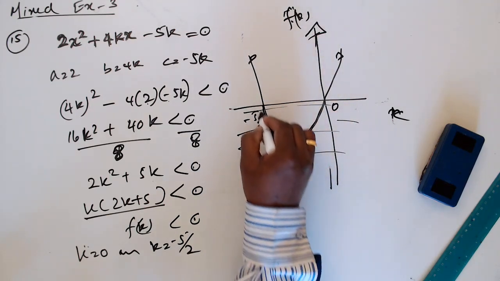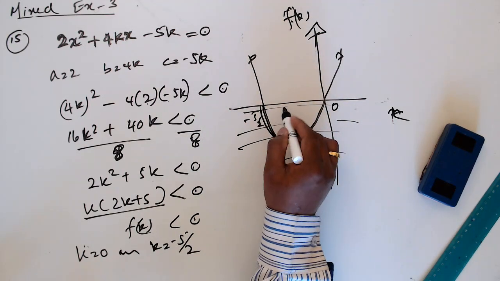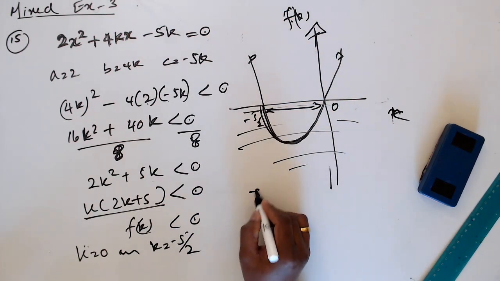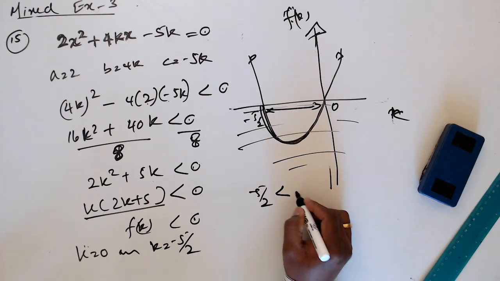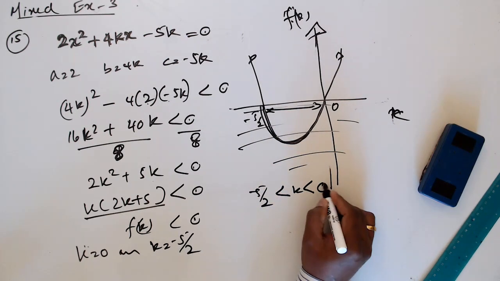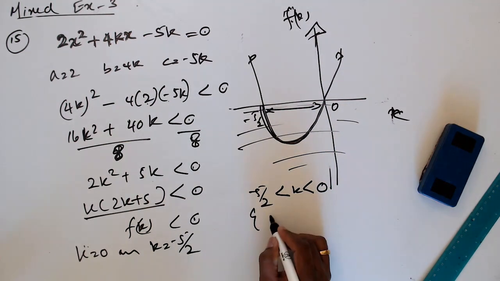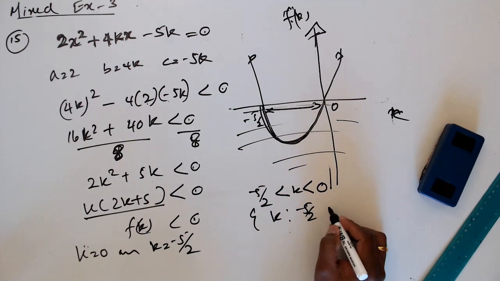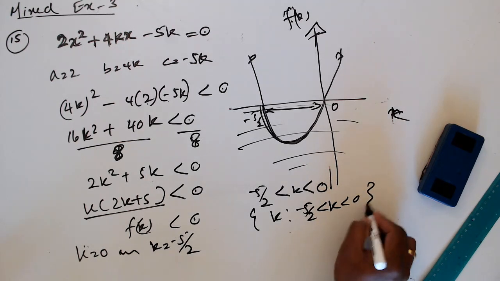In terms of k values, in this interval, k is such that minus 5 over 2 is less than k less than 0.